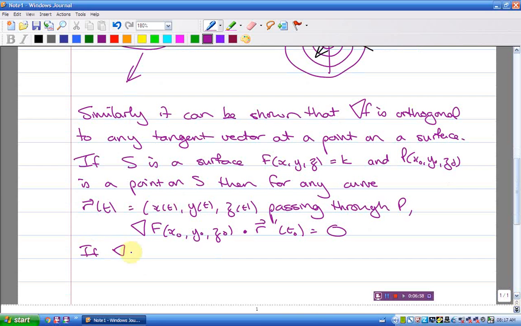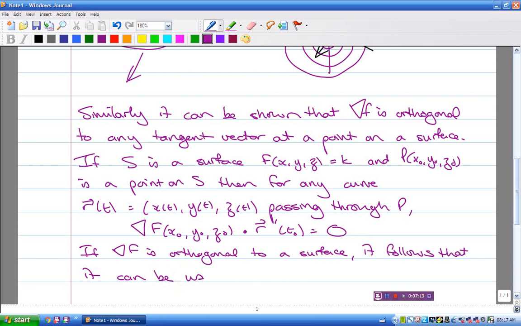If grad F is orthogonal to a surface, it follows that it can be used as the normal, as a normal perhaps, of the tangent plane.